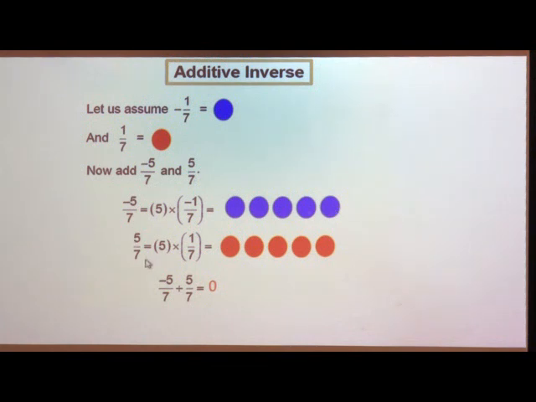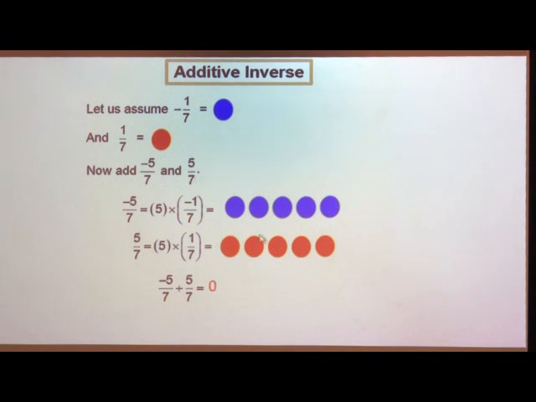Here 5 upon 7, yes, because we have another rational number, 5 upon 7, which is equal to 5 times 1 upon 7. What is 1 upon 7? A red circle. So how many times is 1 upon 7? 5 times. So we will write 5 times a red circle.